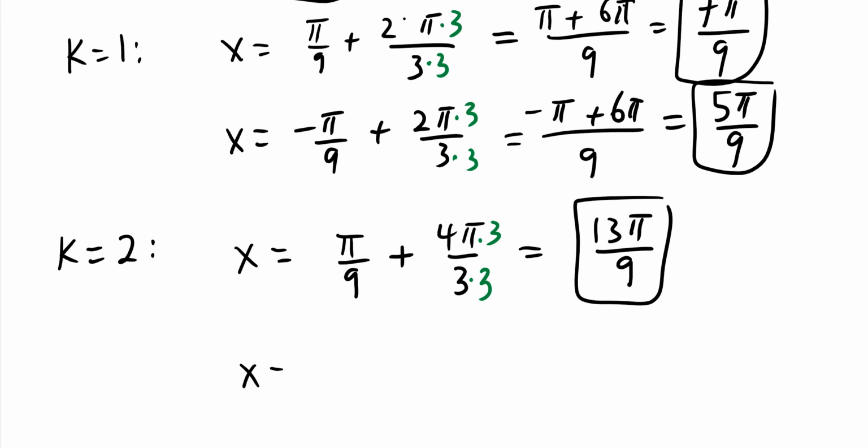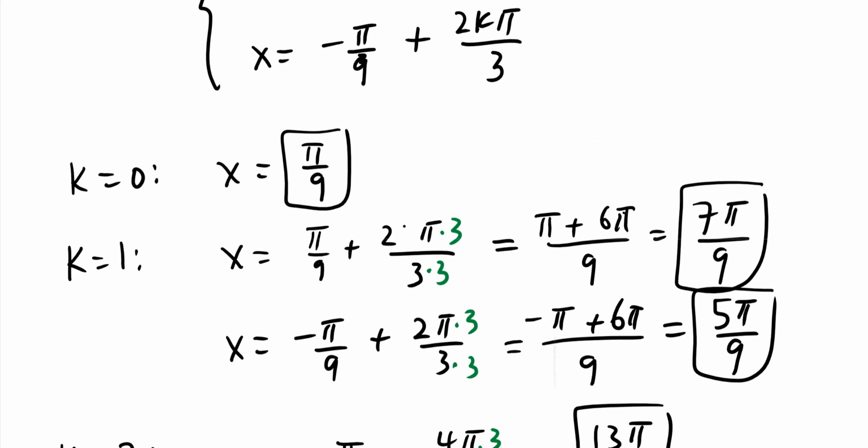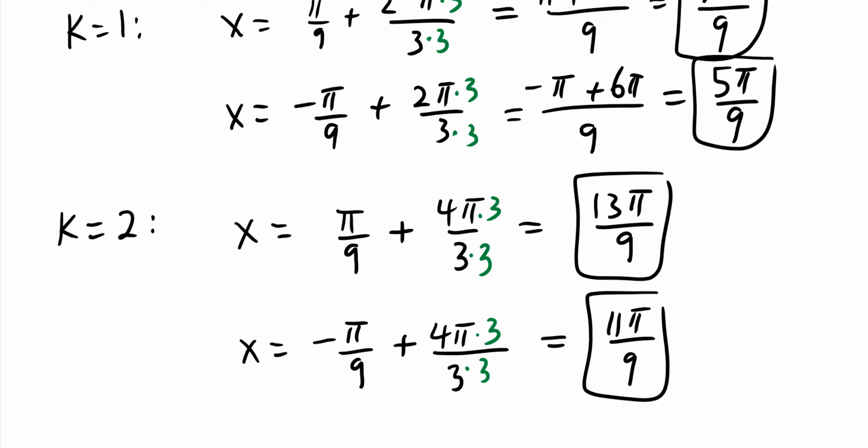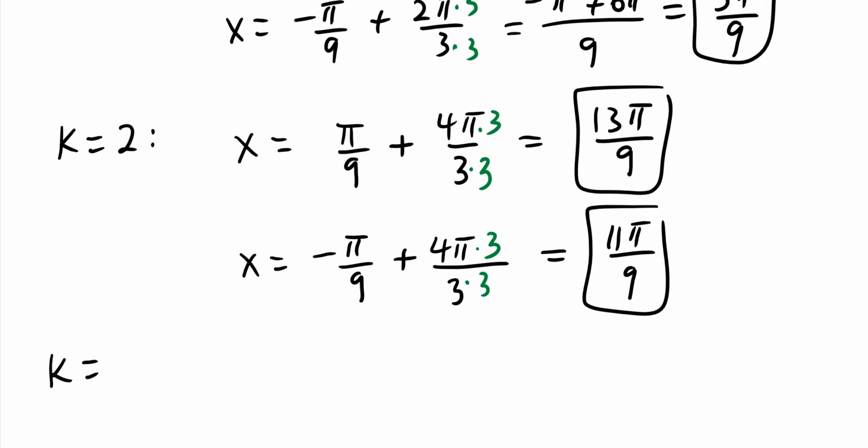If I substitute in the second equation, negative pi over 9 plus, put the 2 in, that's 4 pi over 3. Multiply by 3 and by 3. That gives us 12 pi minus pi, 11 pi over 9. So k equals 3. Let's see what we get.